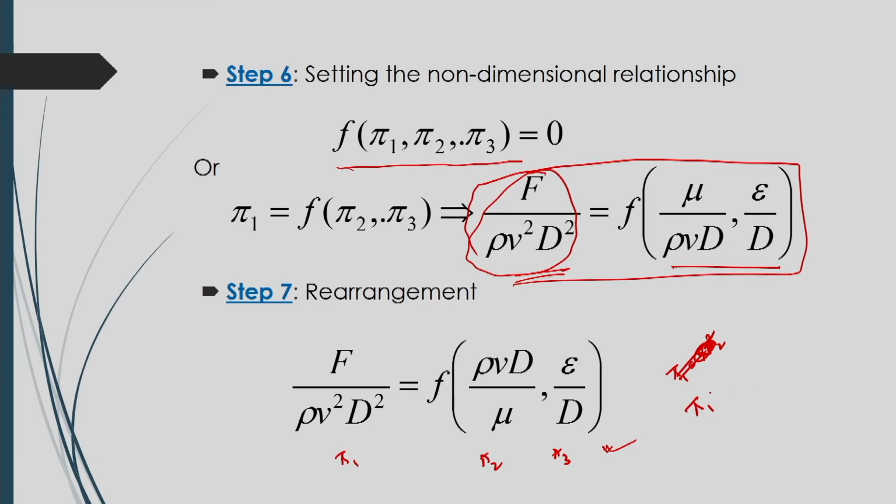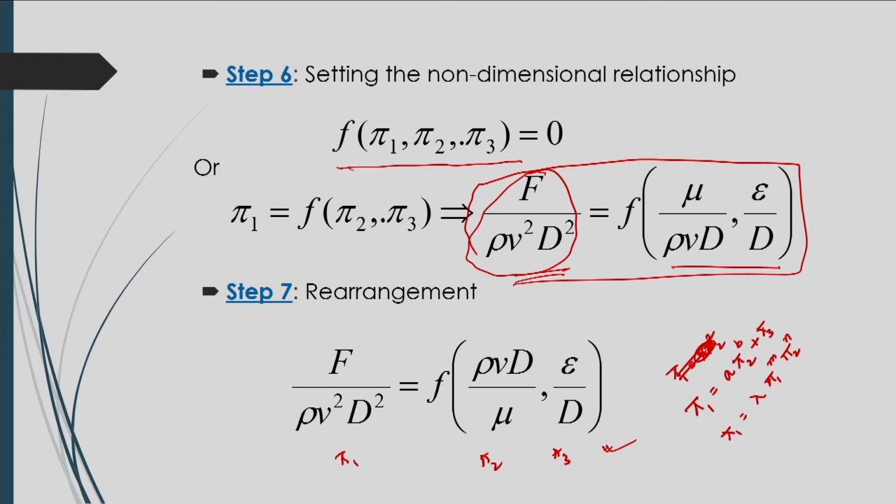So, in this case this pi 1 will be some function like a into pi 2 to some power b, plus pi 3 here also, or you can make a function like this: pi 1 will be equal to lambda into pi 2 to the power m and pi 3 to the power n. This type of functionality also you can make.